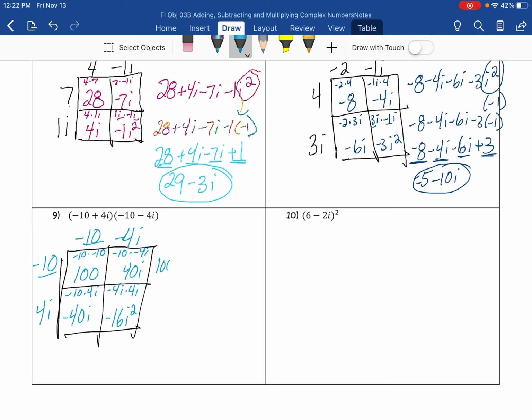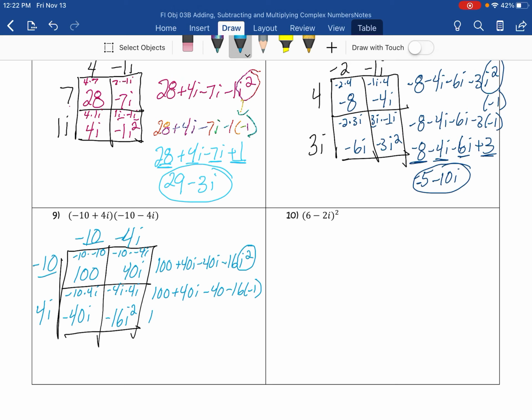I write it out. I have my 100 plus 40i minus 40i minus 16i squared. I replace my i squared with negative 1. 100 plus 40i minus 40i minus 16 times negative 1.